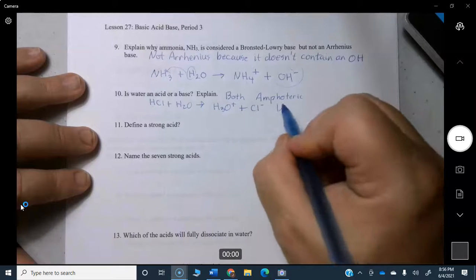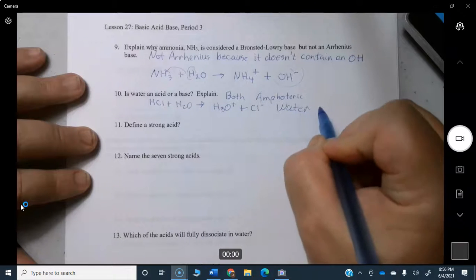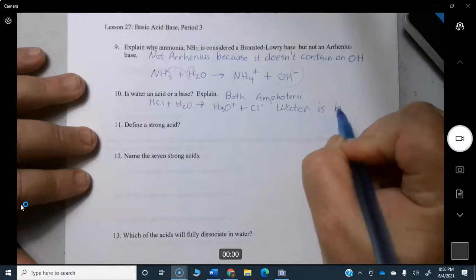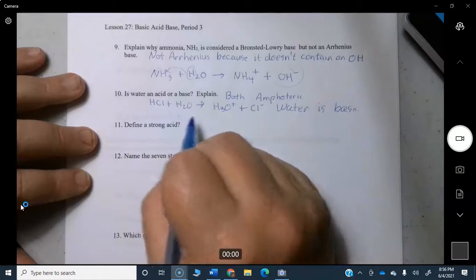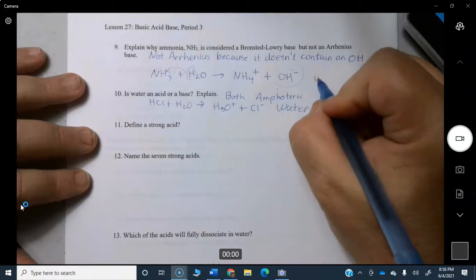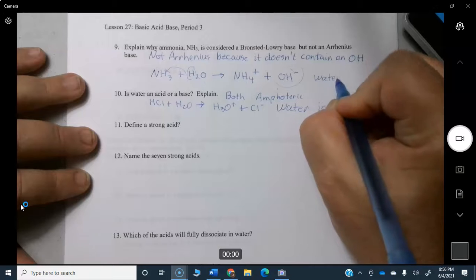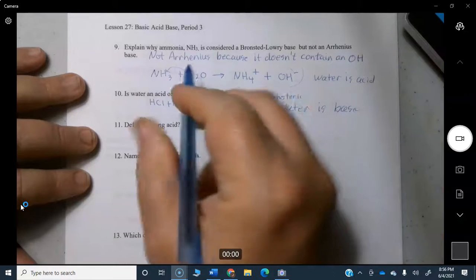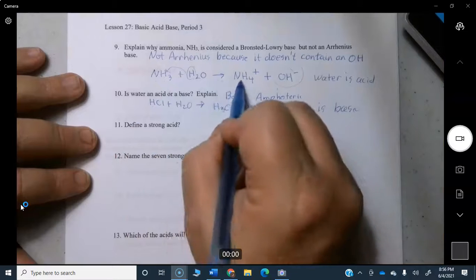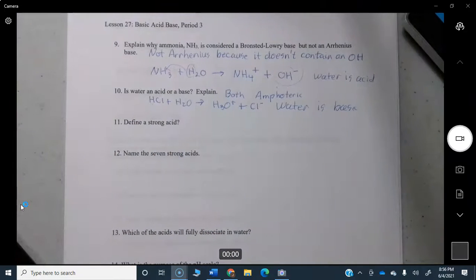So in this case, water is a base because it accepts a proton from hydrochloric acid. In this case up here, water is an acid because it donates this proton over to the NH3 to make it NH4. So it can be both.